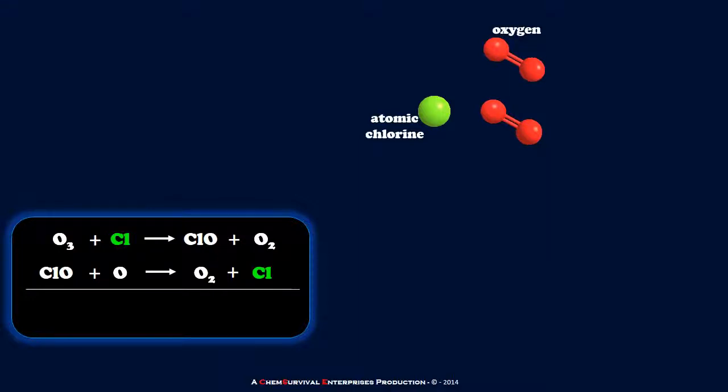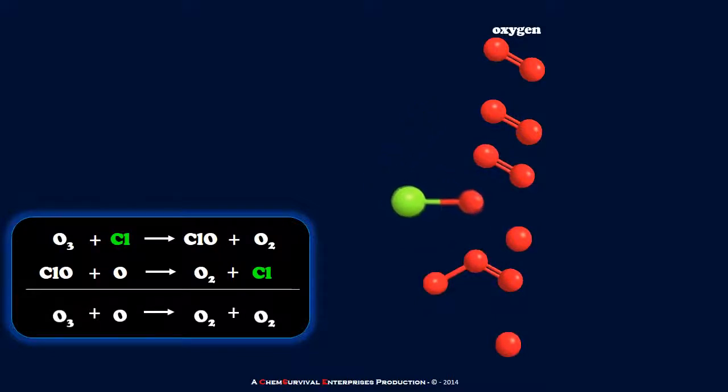So you'll notice that in my two-step reaction that I've drawn here on the bottom left, that chlorine goes in as a reactant but also comes out as a product. And this is our definition of a catalyst. So the chlorine catalyzes the decomposition of ozone into O2. And one chlorine atom can do this to tens or hundreds of thousands of molecules of ozone.